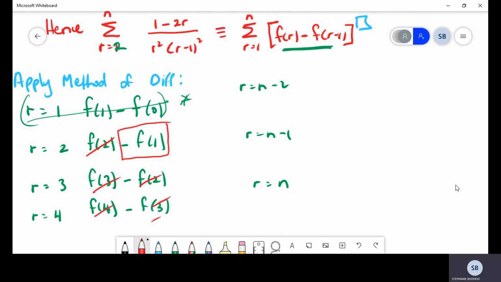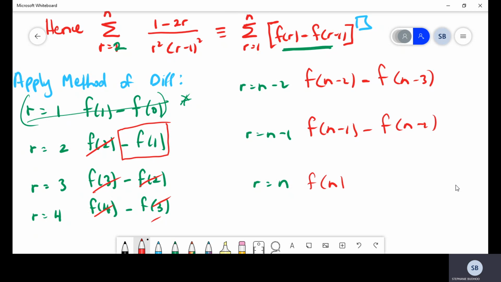When r is n minus 2, you'll get f of n minus 2, subtract f of n minus 3. Continuing, n minus 1, f of n minus 1 subtract f of n minus 2. And then finally, when you have n, you get f of n minus f of n minus 1.